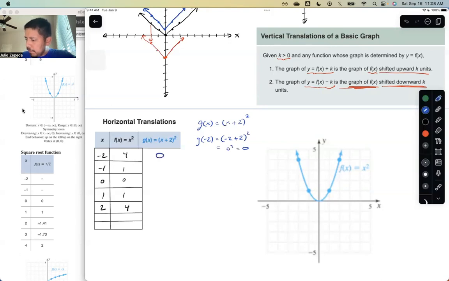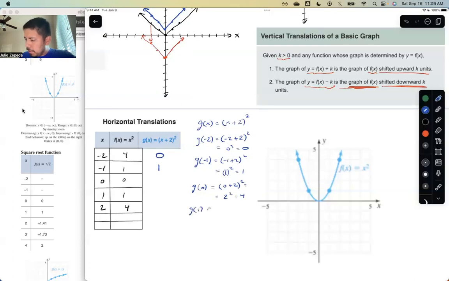So we'll put a 0 here. G of -1 is -1 plus 2 squared. That's 1 squared, which is 1. G of 0 is equal to 0 plus 2 squared, which is 2 squared, or 4.